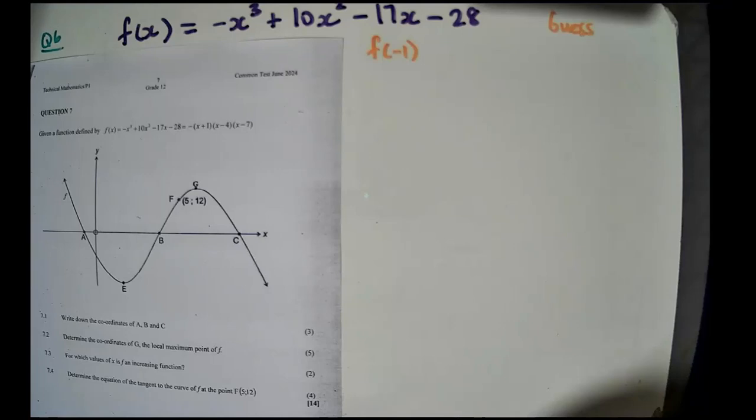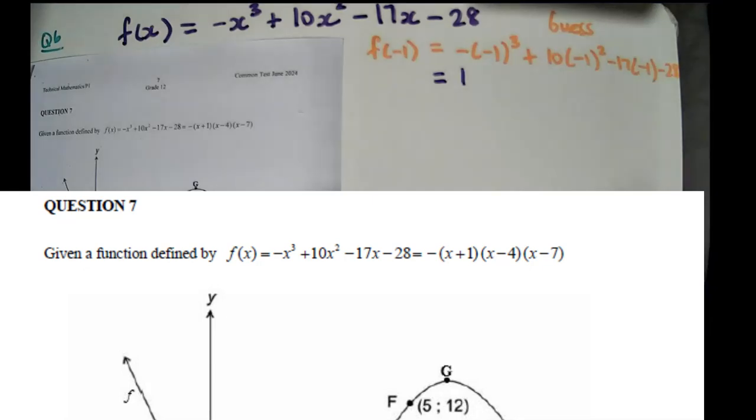So I'm going to substitute minus 1 to determine if it will give me an answer of 0. If it gives me an answer of 0, this means that x plus 1 is a factor. Alright, so this is why I substitute minus 1, to determine if x plus 1 is a factor. So substituting minus 1 into the original equation, this is the answer I get.